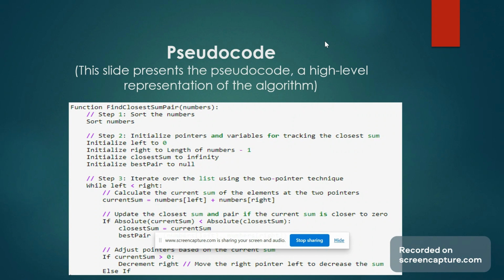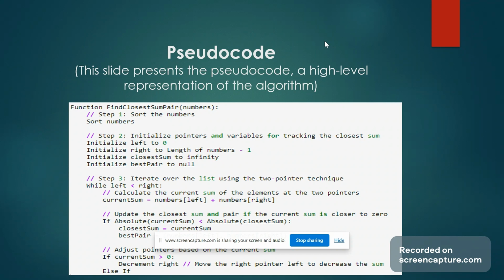While the left pointer is less than the right pointer, the sum of the elements at each pointer is calculated and compared against the closest sum so far.